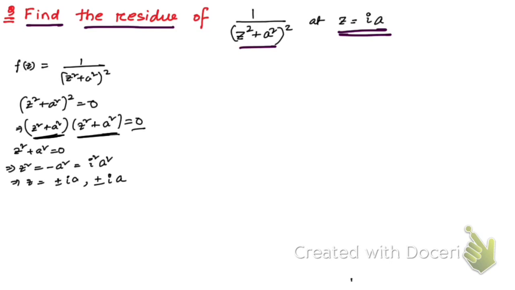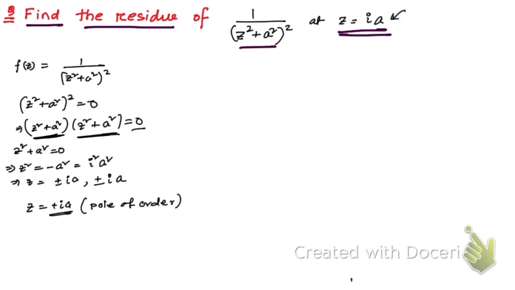So we are to find the residue at the pole z is equal to ia, that means z is equal to plus ia. We are getting z is equal to plus ia twice, here and here. So that's why it's going to be a pole of order 2.